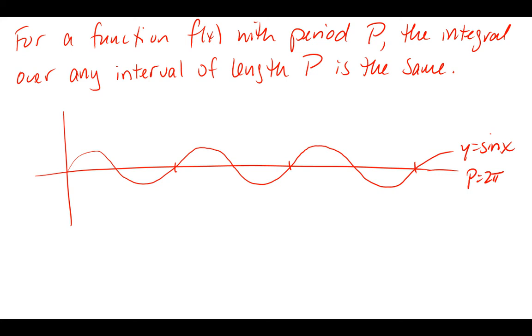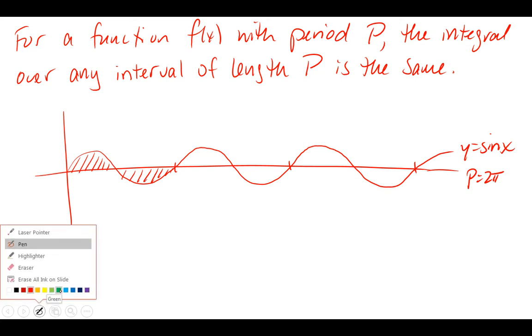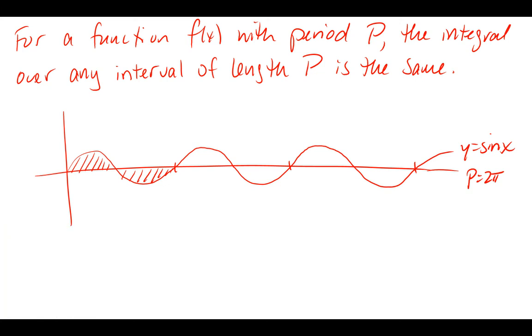But we can see that with the graph, right? If I integrate sine from 0 to 2 pi, that's that plus that. And we know about symmetry and stuff, right? So that's 0. But I could have also integrated, I'm doing green here, I could have also done, I don't know, pi over 2 to 3 pi over 2.